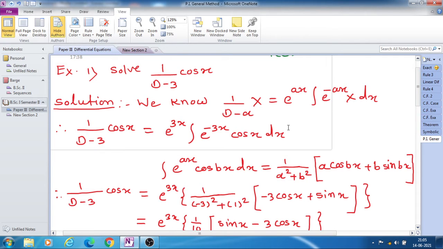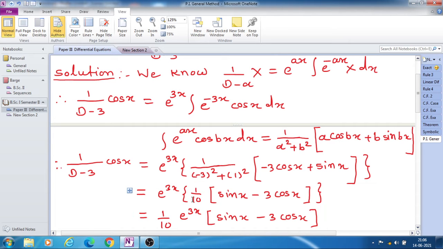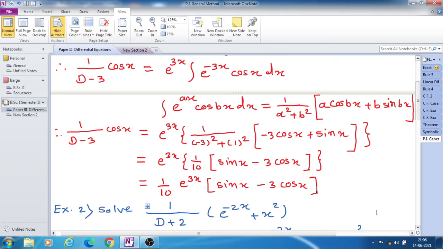So our formula gives e raised to 3x into integral e raised to minus 3x into cos x. Now we have to solve this: we have to find the integral of e raised to minus 3x cos x dx.